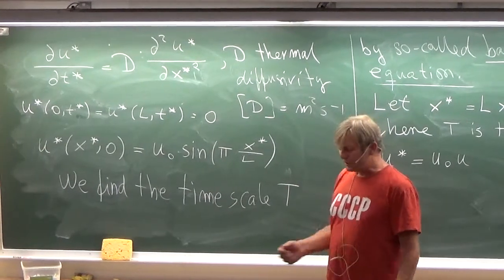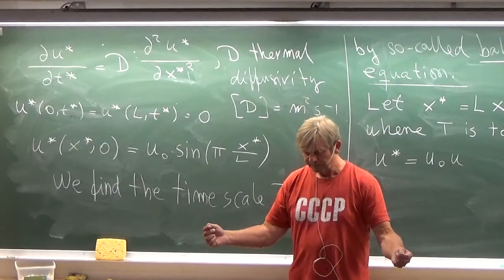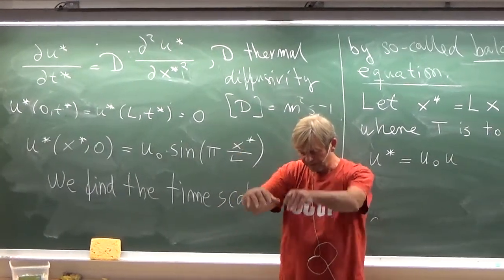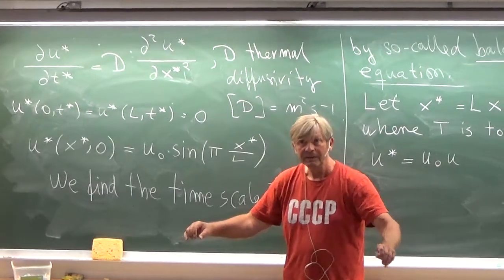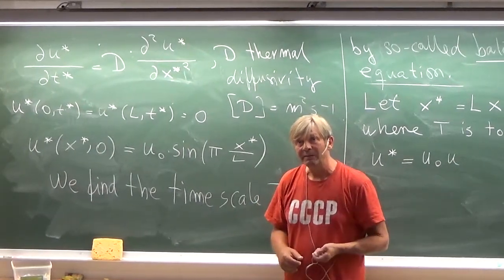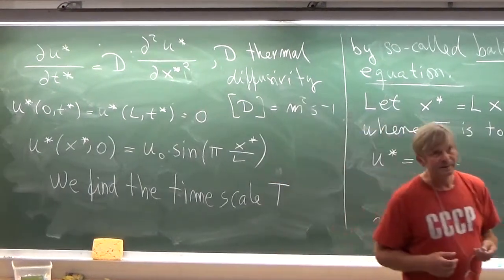And since the endpoints are kept at 0 temperature, the temperature will sink down to 0 everywhere after a long time. So if we scale this way, we know that u will be between 0 and 1. That's nice.